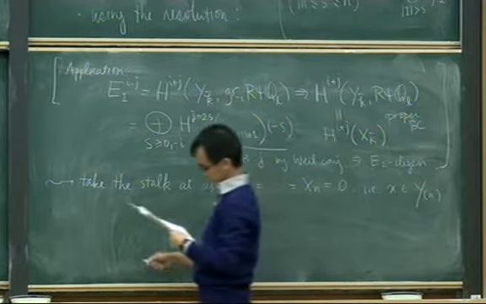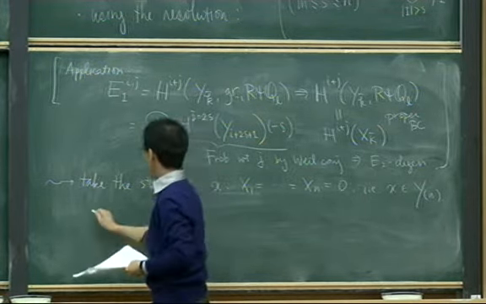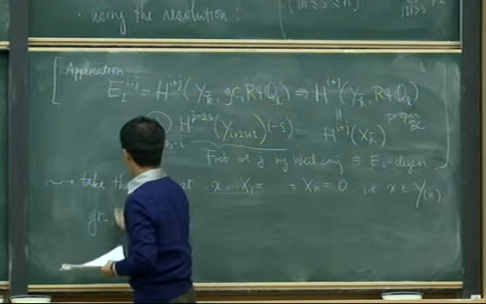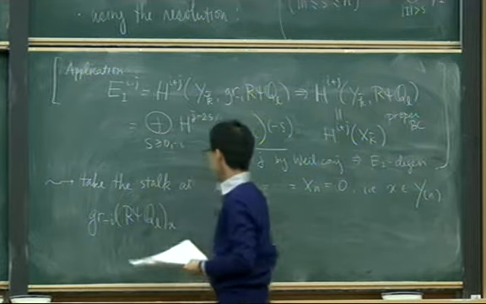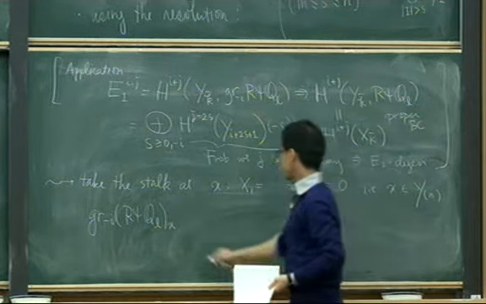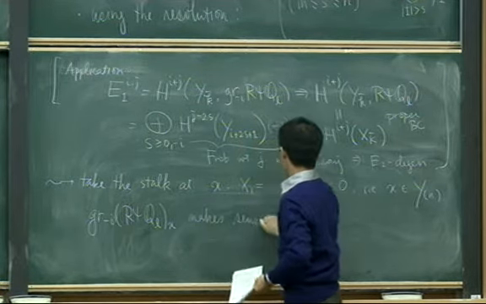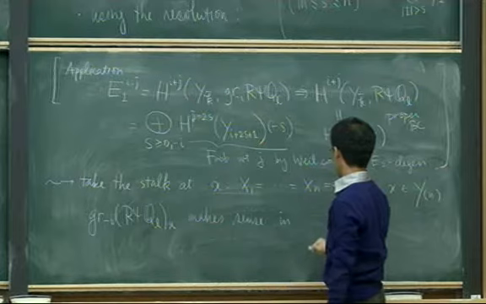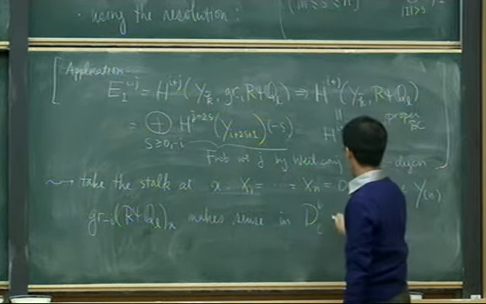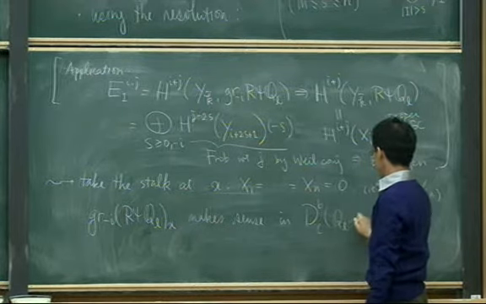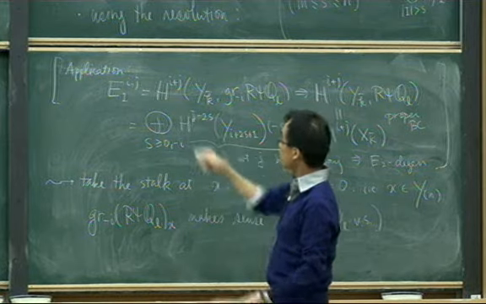Then we get that, and so this makes sense in the derived category D^b_c of Q_l vector spaces, and it looks like that.